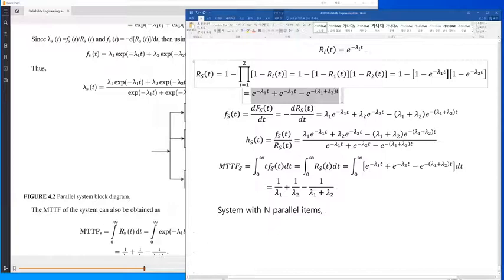That will be the reliability function. If we calculate the MTTF, then what we are going to get is 1 over lambda 1 plus 1 over lambda 2 plus 1 over lambda 3, minus 1 over lambda 1 plus lambda 2, minus 1 over lambda 2 plus lambda 3, minus 1 over lambda 1 plus lambda 3, and finally plus 1 over lambda 1 plus lambda 2 plus lambda 3.